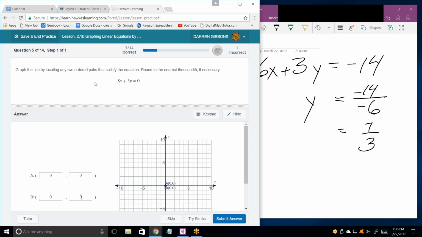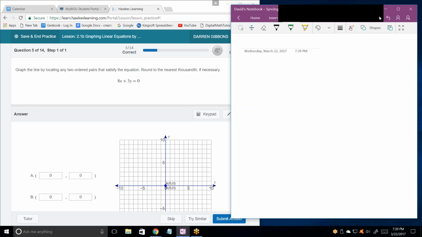That is one solution, but unfortunately that point that I put in does not create a line. It creates a point. And they wanted me to put in 2 ordered pairs. So let's rethink this.